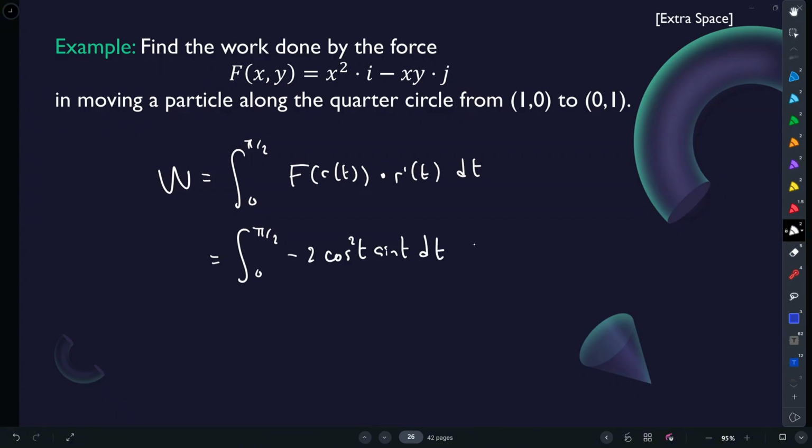What you want to do here is a u substitution with u equals cosine t, so du is minus sine t dt. Let me just skip that integration, but if you do that integral with that u substitution, you end up getting minus 2/3.